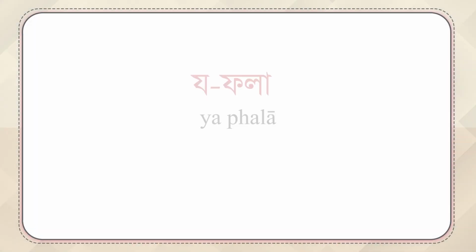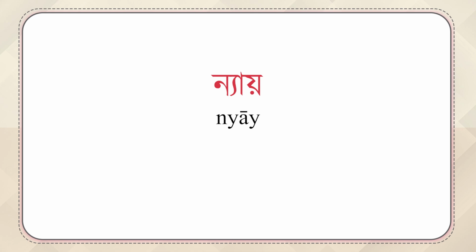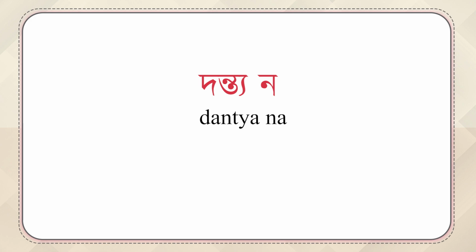The first phalā we have here is ja phalā. It can occur in a word as a second member of the orthographically represented consonant cluster. For example, in the orthographic representation of nyay, which means justice, the ja phalā appears with donto at its right to form the cluster.